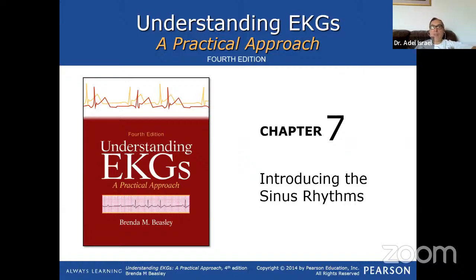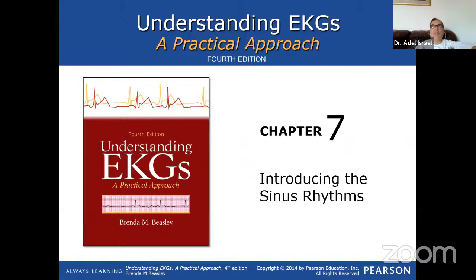What do we mean by the word sinus? If we remember that we mentioned the SA node. The SA node rhythm is very unique. It is normal. So if our heart is following the SA node, the heart rate is from 60 up to 100 beats per minute.